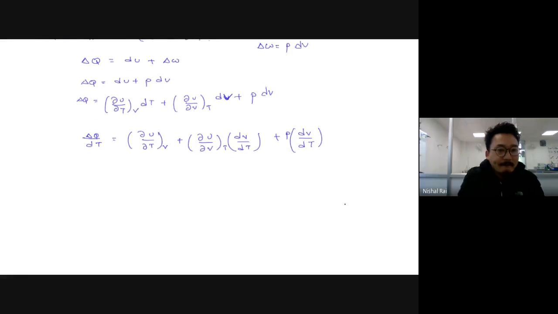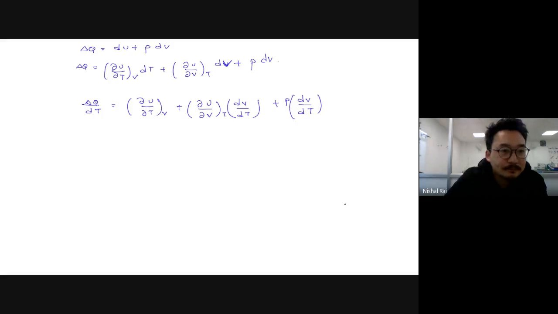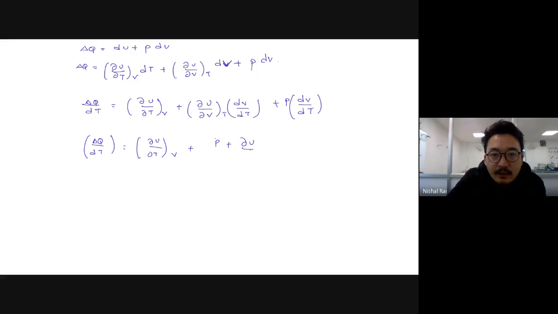Or you can take delta Q by dT as del U by del T at constant V, plus you can take dV by dT common. We can always take it out. So it will be P plus del U by del V times dV by dT.